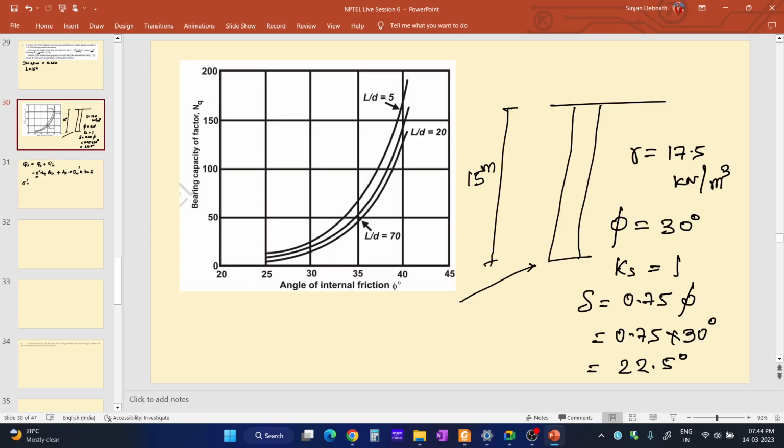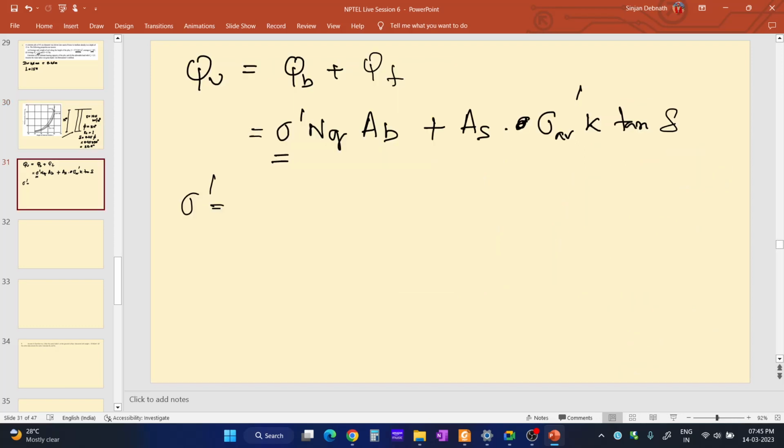So for the end bearing we must consider sigma dash, the effective overburden pressure at the base of the pile. So what is the overburden pressure at the base of the pile? Effective overburden pressure, it is 15 into 17.5. So sigma dash is equal to 15 into 17.5, right? So 15 into 17.5 comes out to be 262.5 kilonewton per meter square.